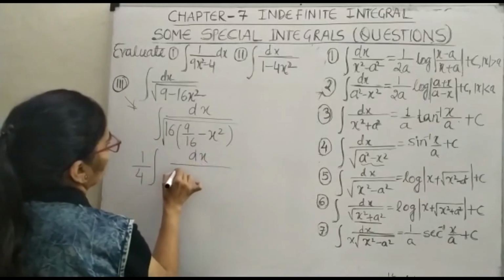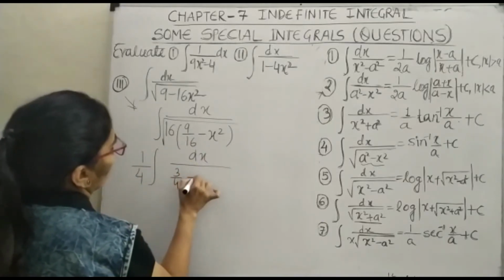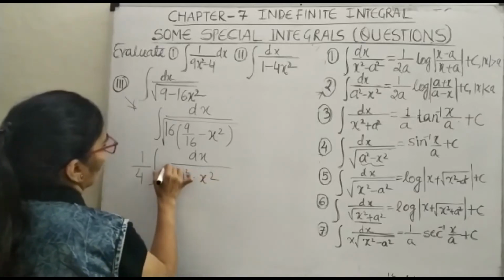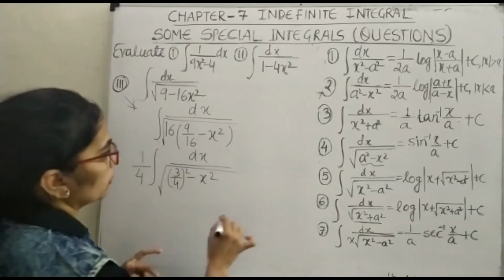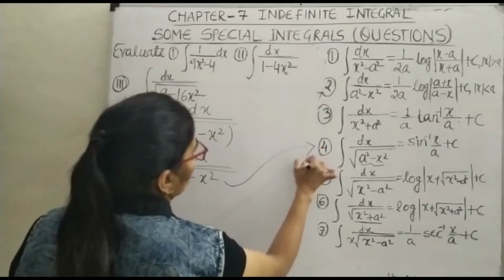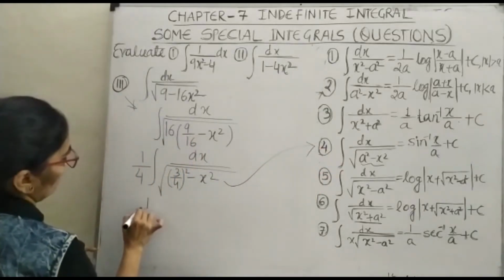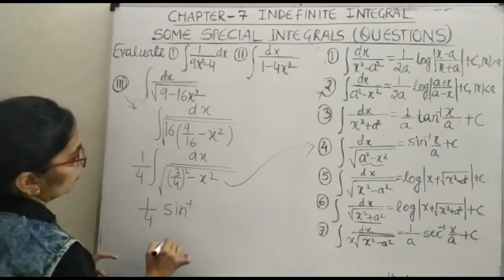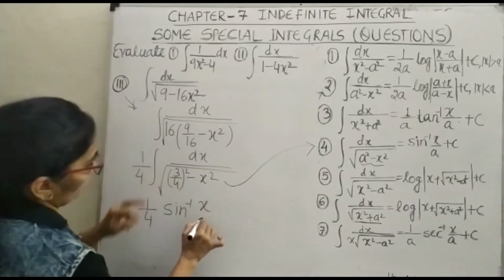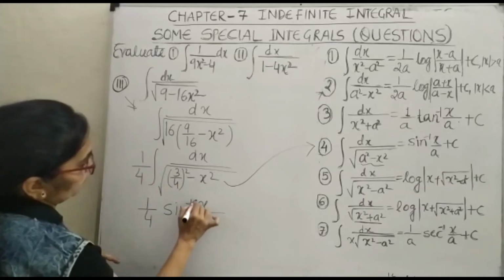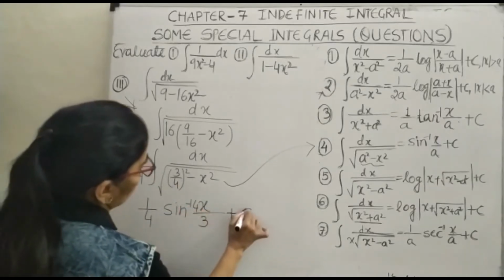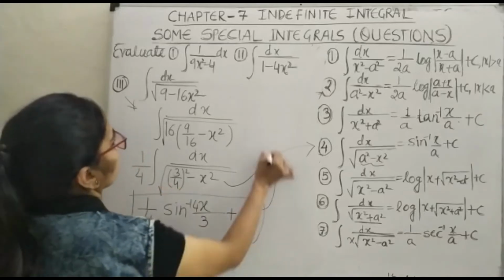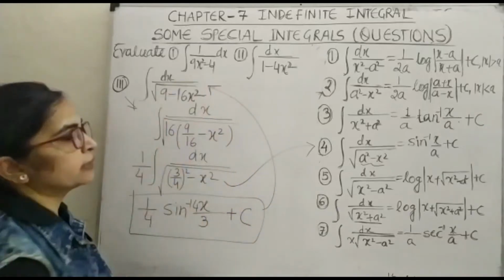Here this can be written as 3 by 4 the whole square minus x square, under root. तो ये आपका इस फॉर्म का हो गया. So this is once again 1 by 4 sine inverse x. What is the value of a? 3 by 4. So here it will be 3, here it will be 4 plus c. So this is the final answer for question number 3.